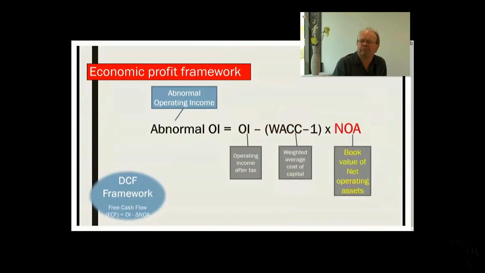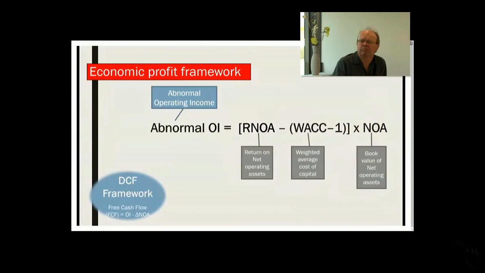This can be restated as abnormal operating income equals return on net operating assets minus the weighted average cost of capital, all times net operating assets, where return on net operating assets equals operating income divided by net operating assets.